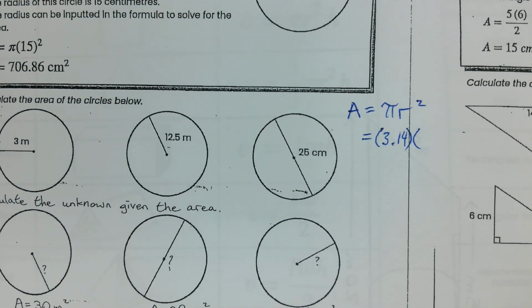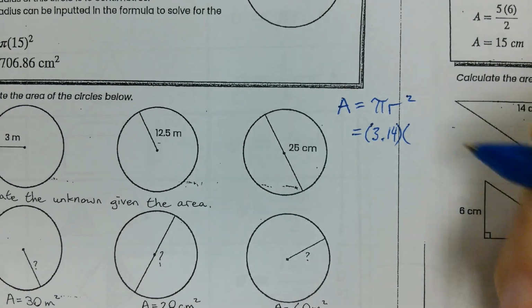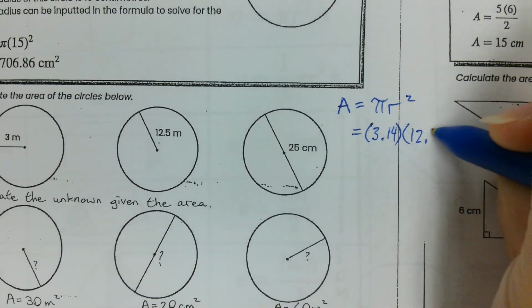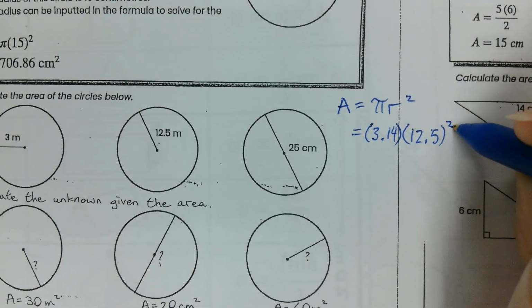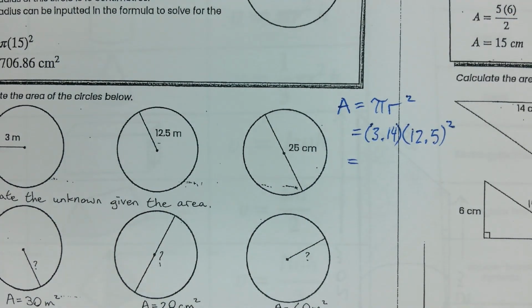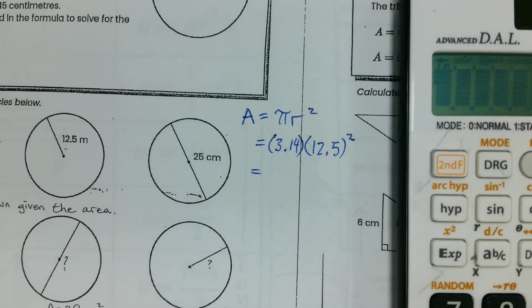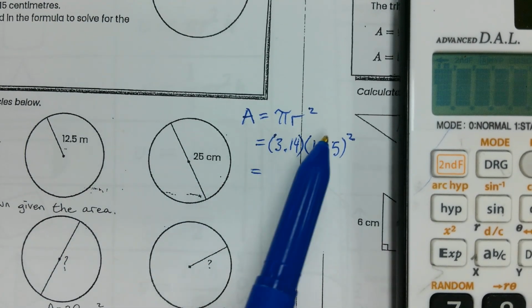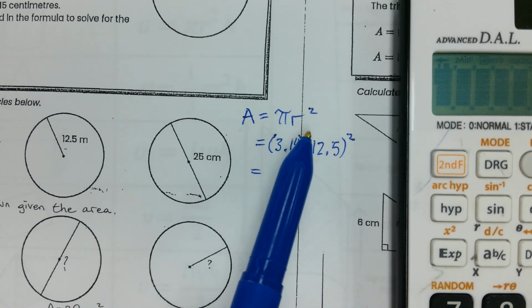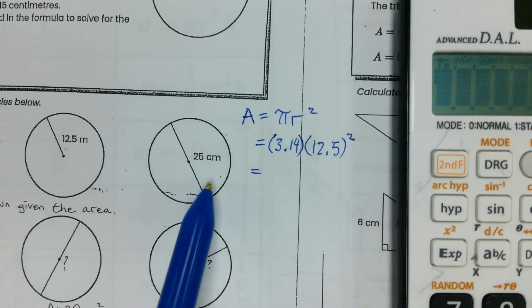What's my radius? Because I gave you the diameter, but my formula asks for radius, so you have to divide it by 2.